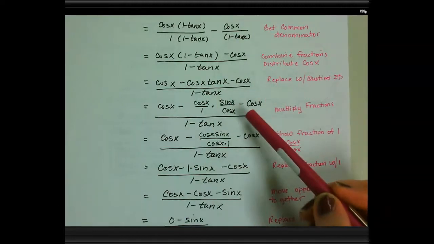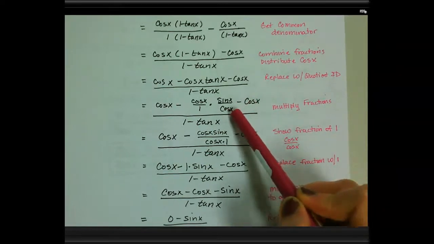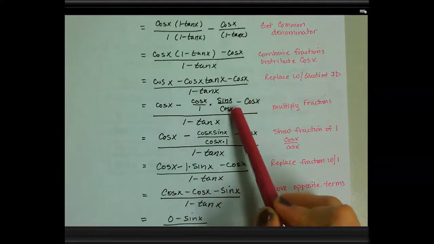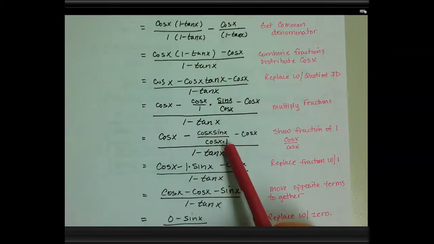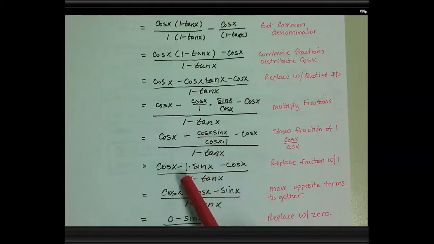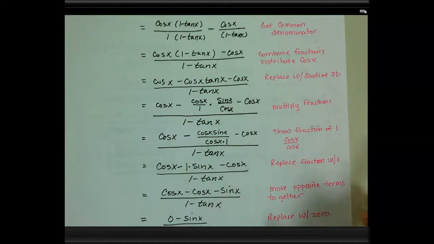So I'm going to use my quotient identity and make that replacement right here. So now I can put these two things together as a product. And notice when I put my product together, I'm putting the cosine over the cosine, so I can just show that right there, and sine over 1. So cosine over cosine is 1. Sine x over 1 is sine x.